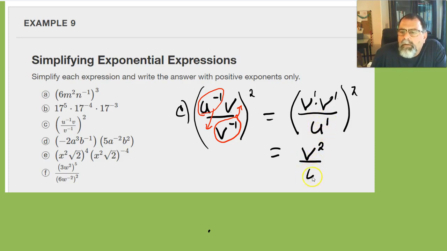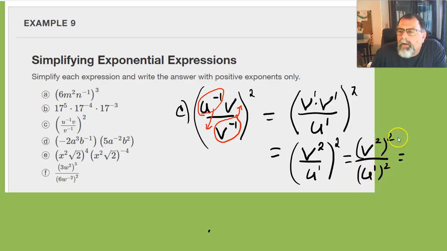Then U the first. And now I'm going to do the power of a quotient. So I'm going to raise each of these to the second power. So I get V to the fourth on top and U squared on bottom. And that's my final answer there.